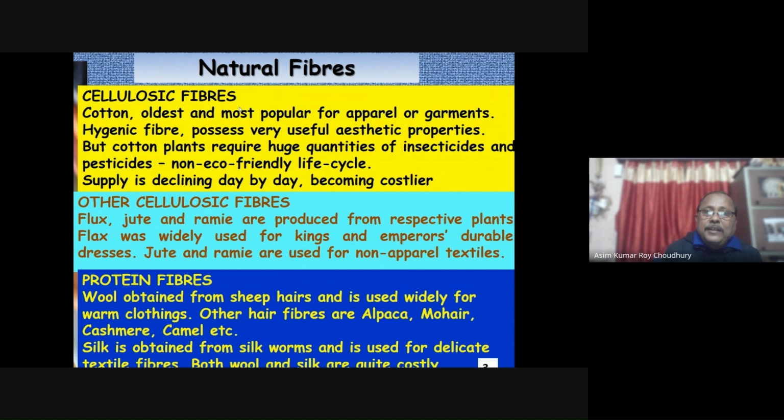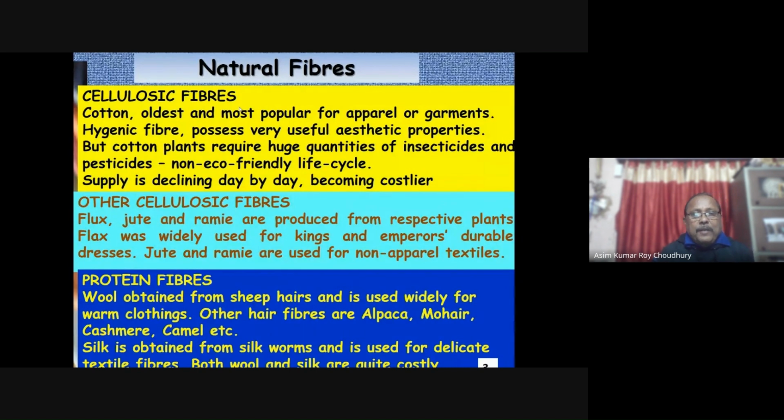It is a very hygienic fiber and possesses very useful aesthetic properties, but its plantation requires a lot of insecticides and pesticides. That means cotton cultivation has a non-eco-friendly life cycle. Supply is declining day by day because of shortage of cultivation land and it is becoming costlier.